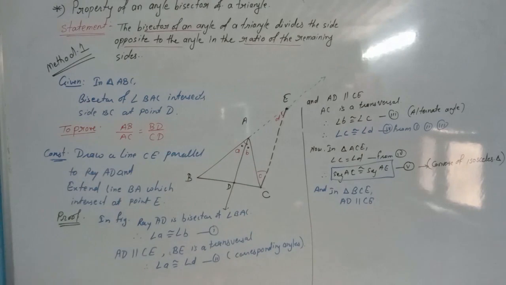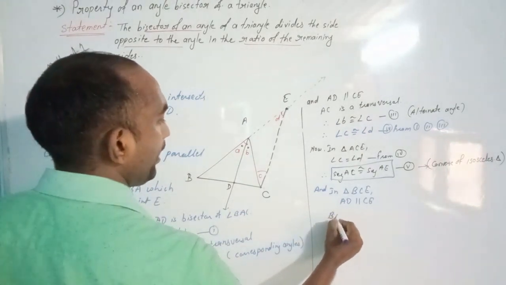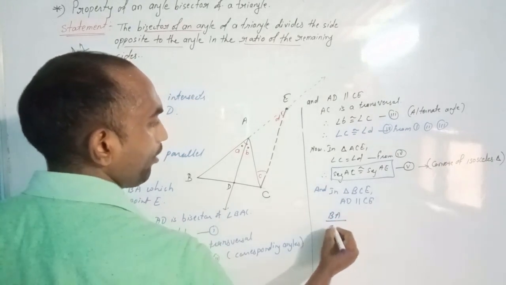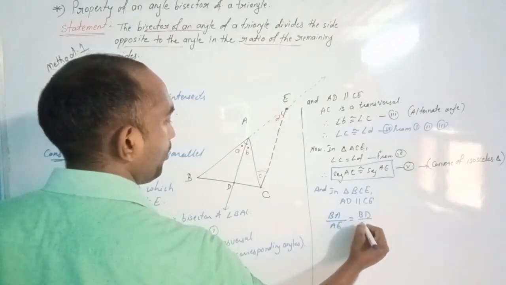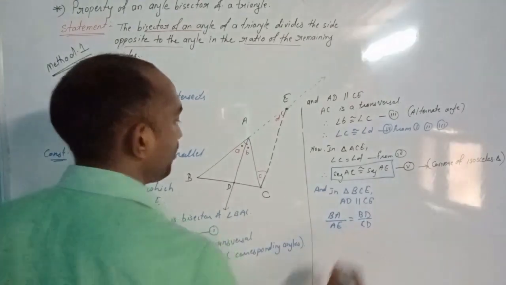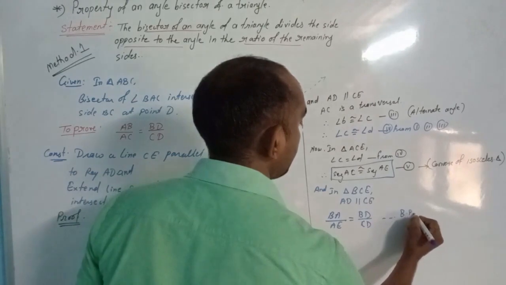So by BPT theorem we will get BA upon AE is equal to BD upon CD. Correct? By BPT.